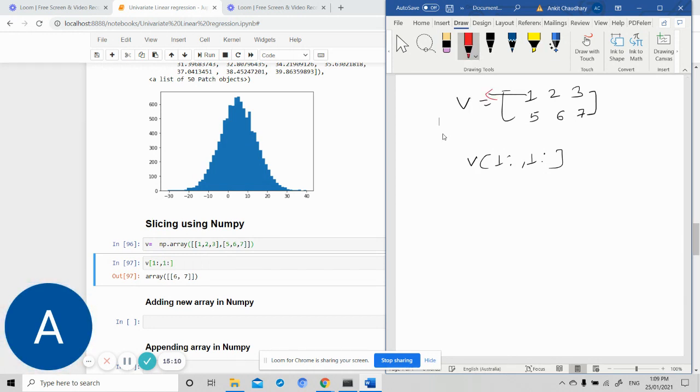This is my 0 index and this is my 1 index, so 0 1 2 and 0 1 2. What b[1, :] does is, the one means row 1 and the colon means all. So row 1, all, which means 5 6 7, but my starting position is 1, which means 6 comma 7.